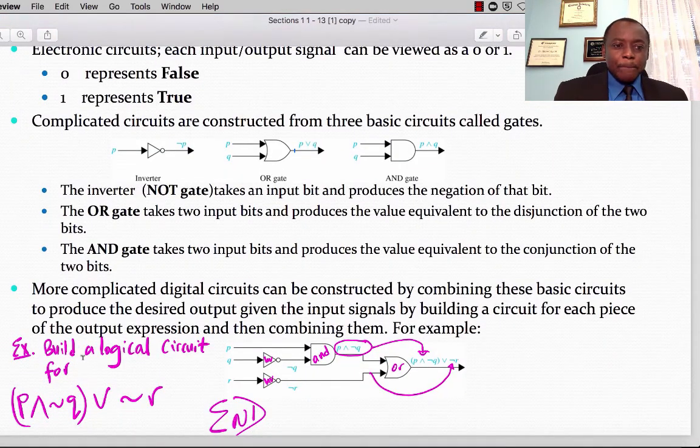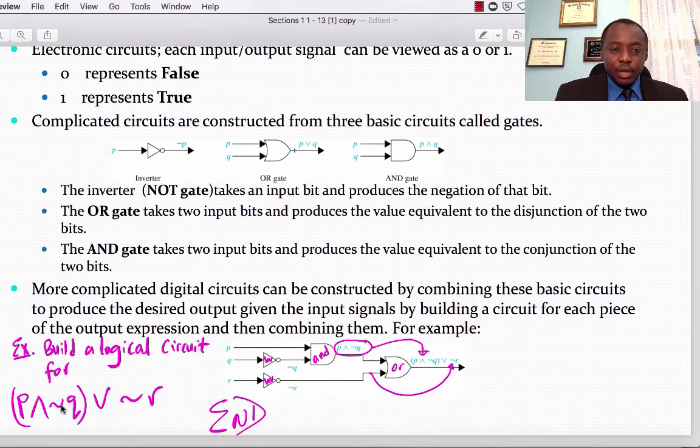I need you to build a logic circuit for me, and the logic circuit will be one that will carry the compound proposition (P and not Q) or not R. So look at the atomic propositions we have here. We have P, we have Q, we have R. I'm going to need a not R, so I'm going to pass R through an inverter.